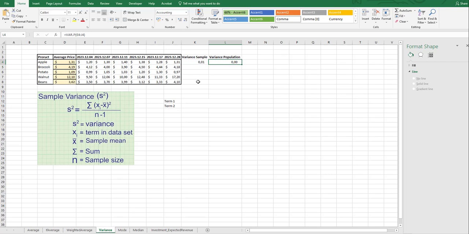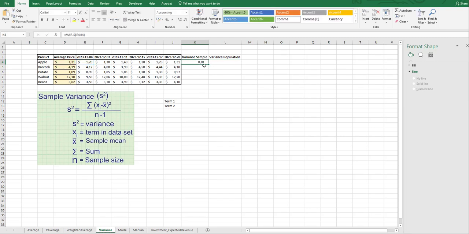If you do it one by one, it will be very troublesome, because you would need to do this minus this, and then take the square of that and then plus the other one. So it is quite quick and convenient to use the formula in Excel.